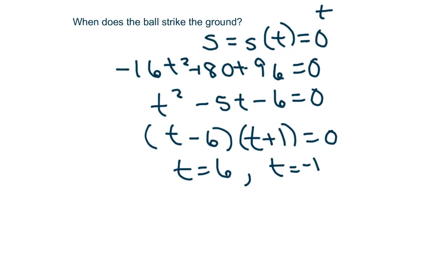So basically, we're going to disregard the negative 1 because we can't be in negative time, and the ball strikes the ground after 6 seconds.